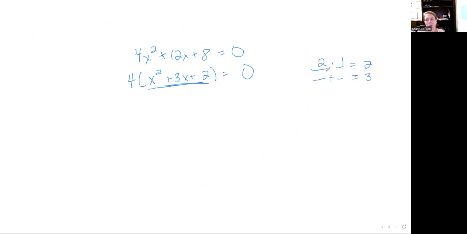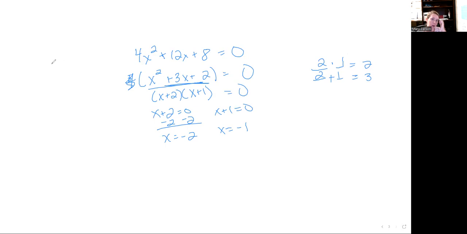And that would be a 2 and a 1, right? And so this becomes x plus 2 times x plus 1 equals 0. You don't really have to worry about the 4 anymore. And you set those equal to your 0. And we get x equals negative 2 and x equals negative 1.